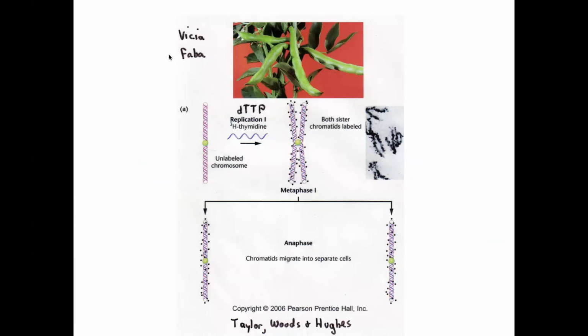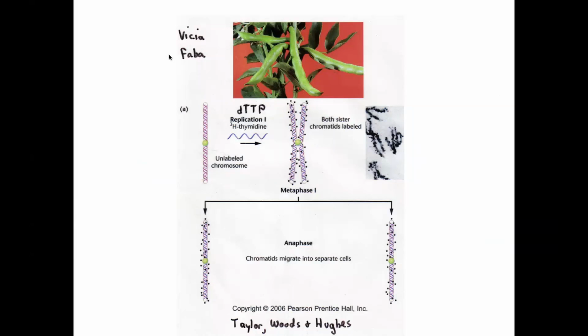So they chose the root tips. There's lots of mitotic activity at root tips, and I'm sure most of you are aware of that. When you look at pre-prepared slides to visualize different stages of mitosis in a biology lab or a genetics lab, that's one of the materials you almost always look at.